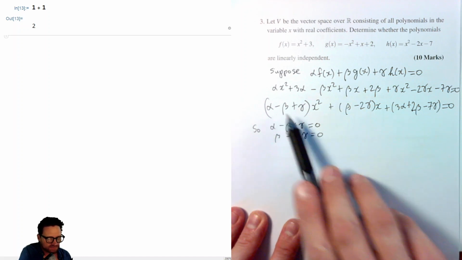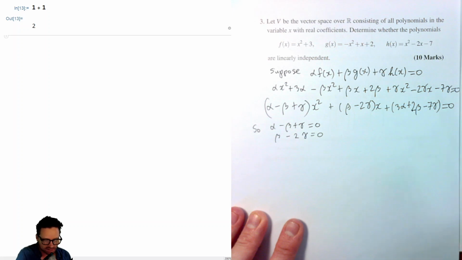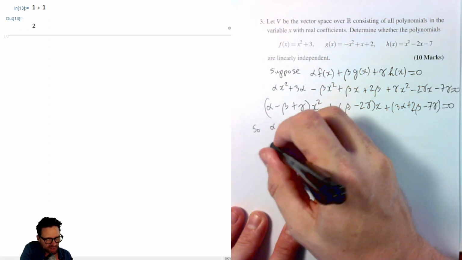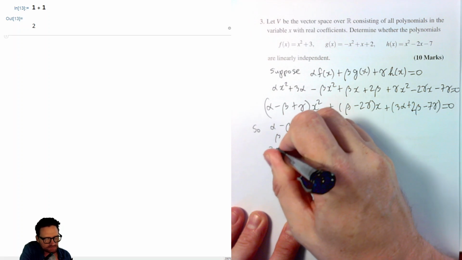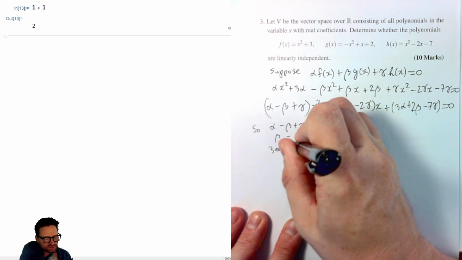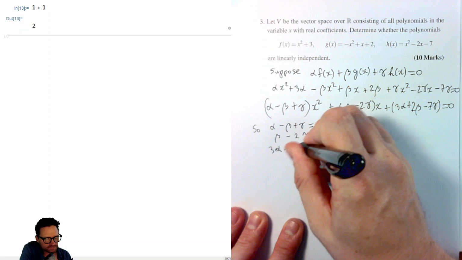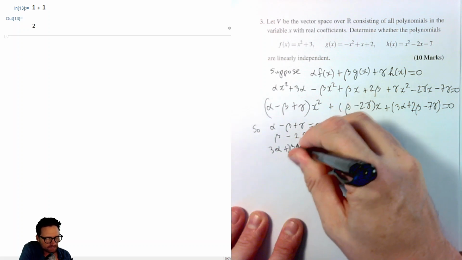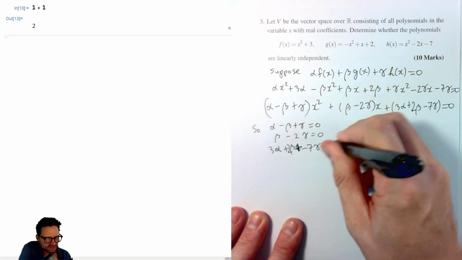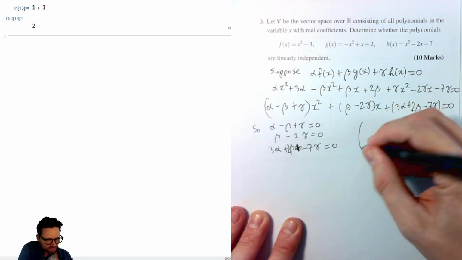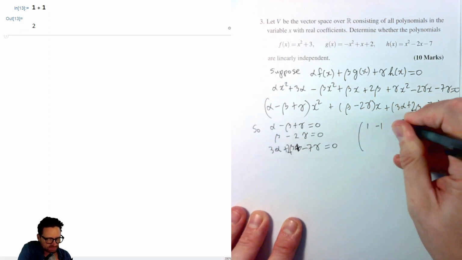Okay, so all of the coefficients must be 0 because we have 0 on the right-hand side. Sorry. Okay, so back to this: 3 alpha plus 2 beta minus 7 gamma is 0. And so now we can write this as a matrix equation.